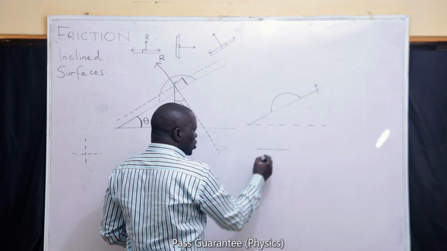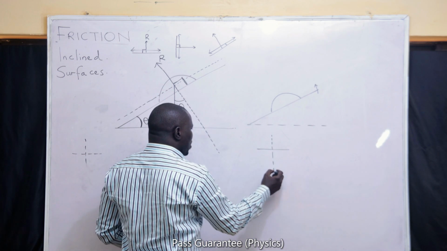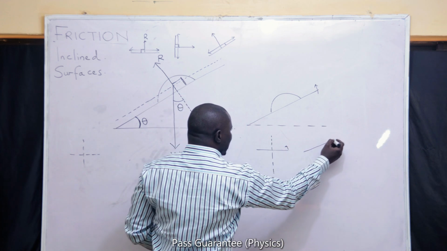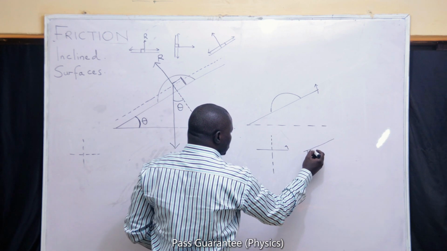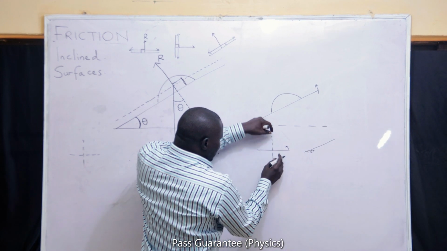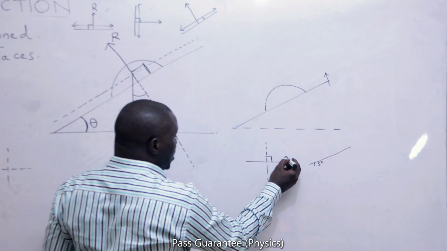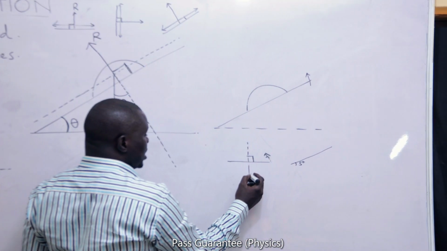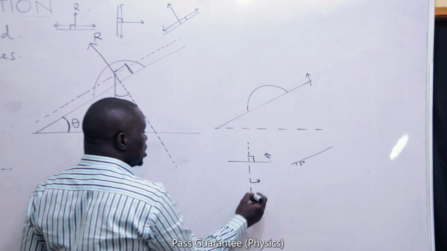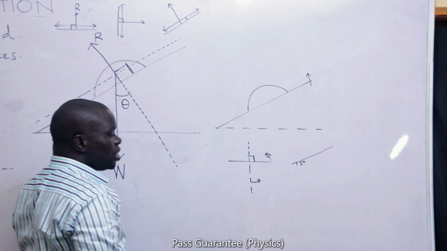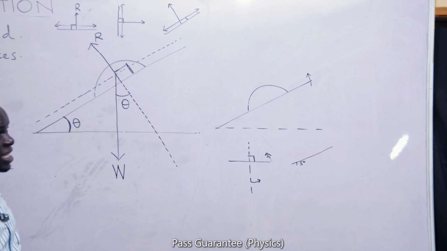When the plane is horizontal, this is our Y. If I move this plane up a little by, let's say, 5 degrees, then for this axis to still make 90 degrees with our plane, it must also move in this direction by 5 degrees. That is very, very necessary.